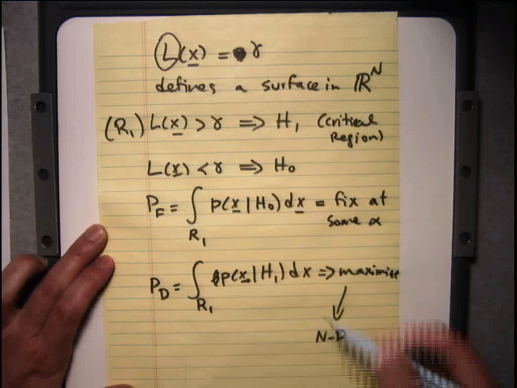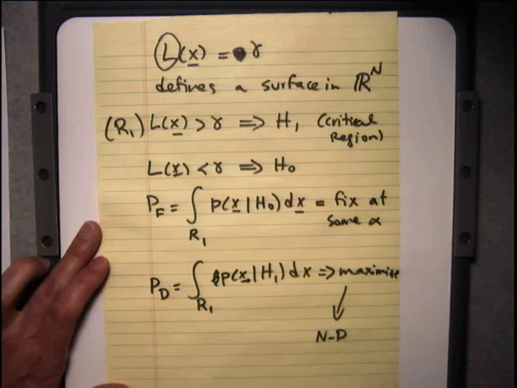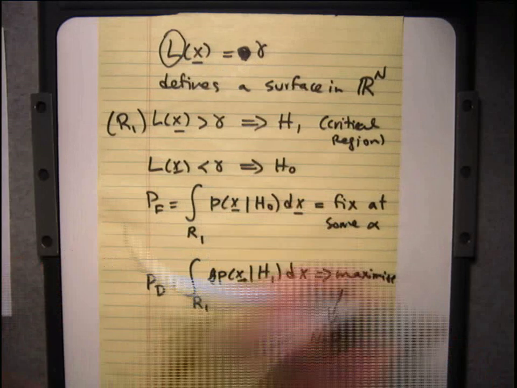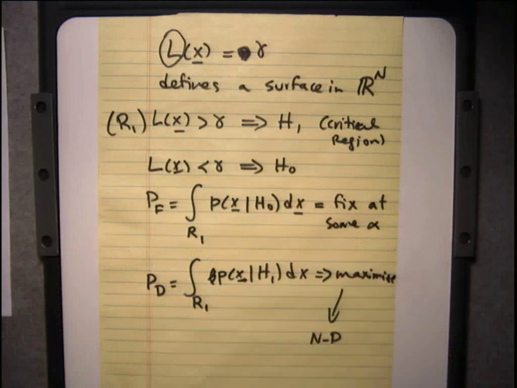And Neyman-Pearson will tell you, as we will describe in the next lecture, how to pick this function so that you get the optimal splitting of the space into two pieces that will maximize the detection probability for a fixed false alarm. It's a very powerful paradigm for decision making.